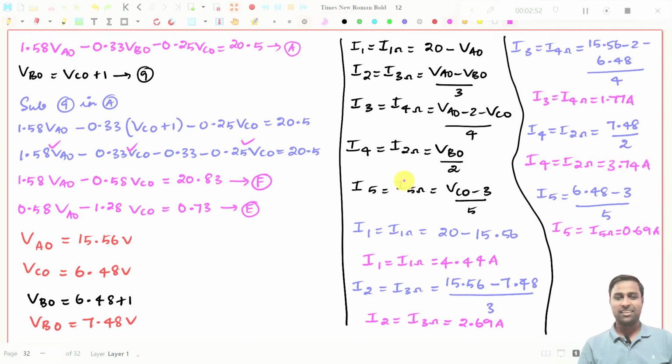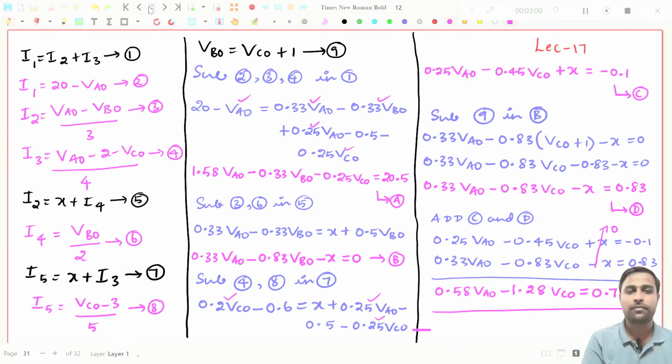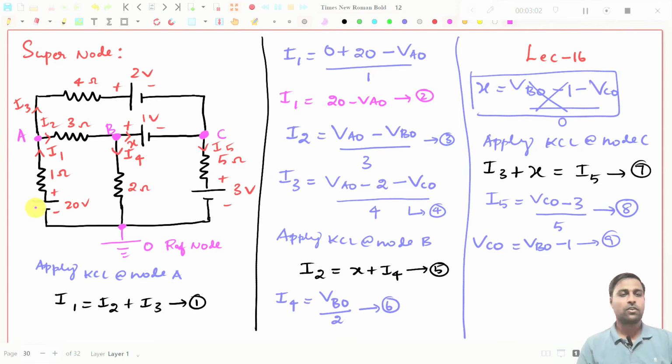Right. That's all, right? So we have found all the currents through all the resistors. See, these are all the resistors: 1 ohm resistor, 3 ohms, 4 ohms, 2 ohms and 5 ohms. All the values we have found.